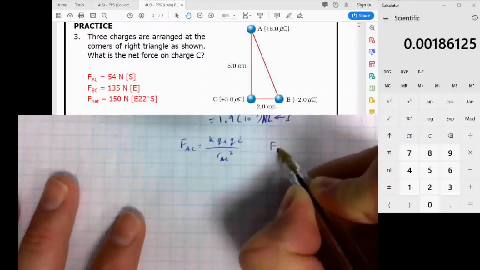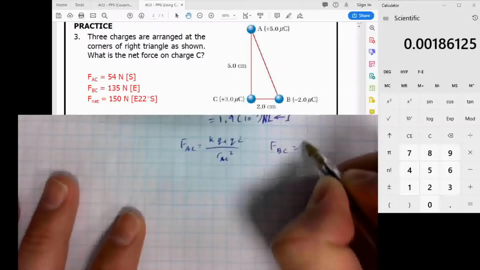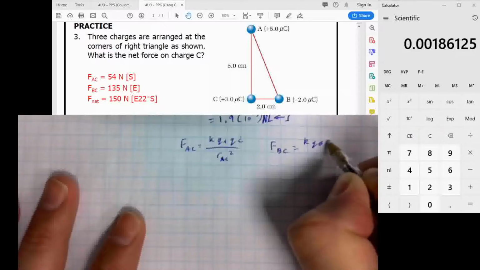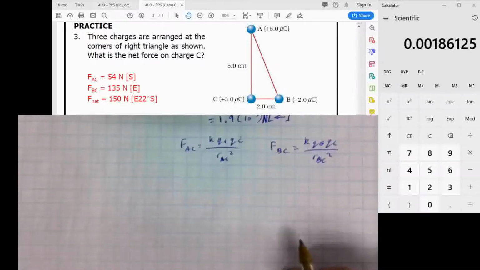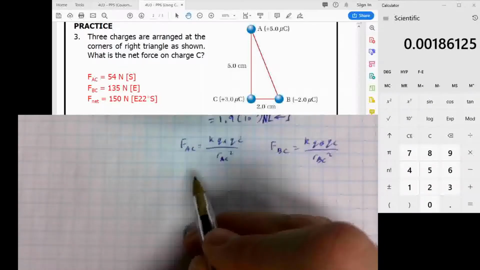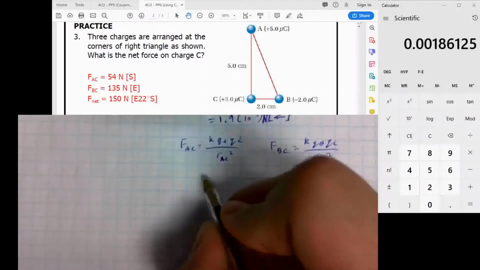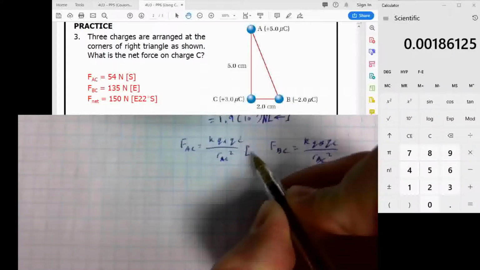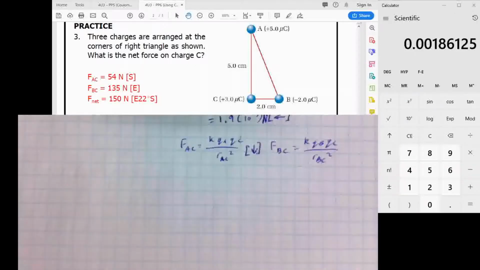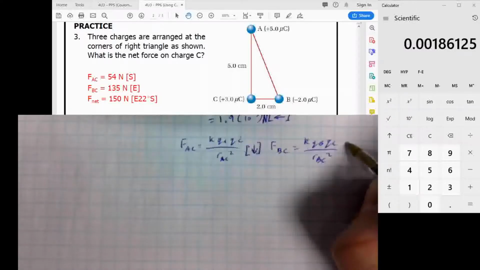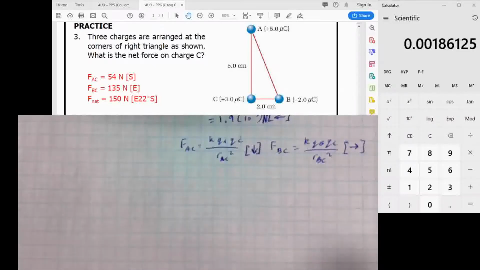F of B on C is K QB QC over RBC squared. And I won't write in what the K is. I'm just going to write down these values here. But actually, we should do the direction first. A is going to be pushing C down because they are both the same sign. B is going to be pushing C to the right because they are attracted to each other.